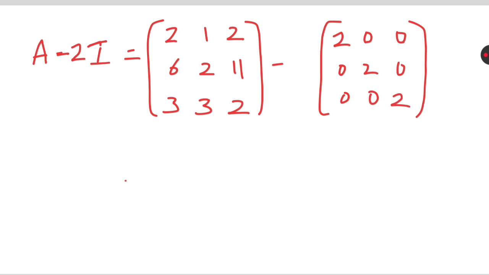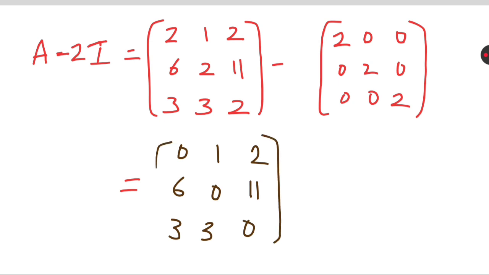Now subtract. 2 minus 2, 0. 1 minus 0, which is 1. 2 minus 0, which is 2. 6 minus 0, which is 6. 2 minus 2, which is 0. 11 minus 0, which is 11. 3 minus 0, which is 3. 3 minus 0, which is 3. 2 minus 2, 0. So this is A minus 2I. So we are done with our first step.